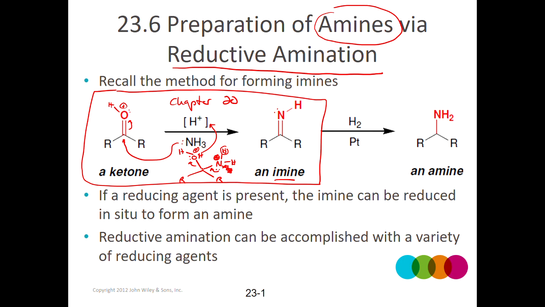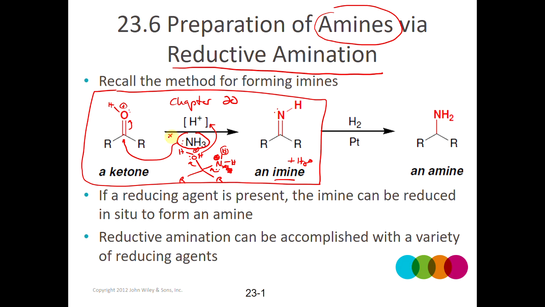If I think about the equilibrium, since water is a product of that reaction, and the ammonia I'm adding is a reactant, adding excess ammonia shifts it toward the product side, and adding excess water shifts it toward the reactant side.